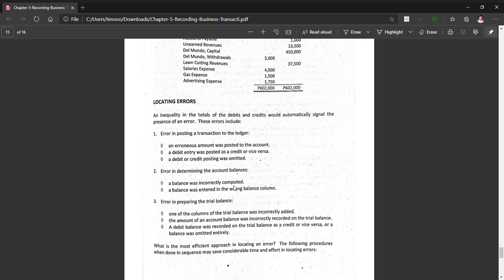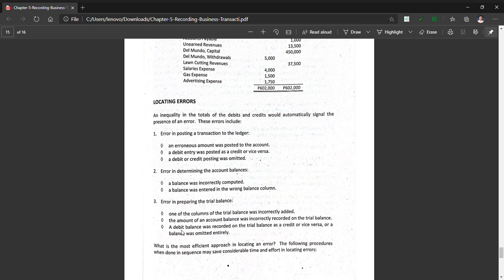Okay. Next is error in preparing the trial balance. Number 1, maybe one of the columns of the trial balance was incorrectly added. Maybe we just added wrongly if they don't balance. Number 2, the amount of an account balance was incorrectly recorded on the trial balance. Okay? Maybe we just copied it wrongly from the ledger.